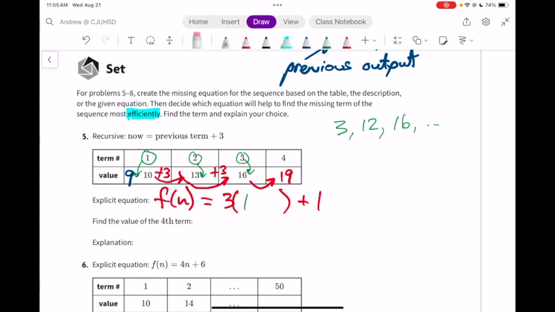Oops, I just noticed I wrote 3 over here. That was supposed to be 9. This is 9. Well, if you think about it, if we add 2, that becomes 3. 3 times 3 is 9, and then you add 1 and you get 10. So that seems to be working pretty well.